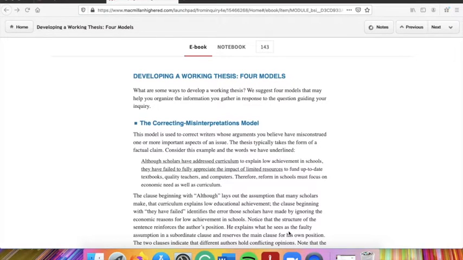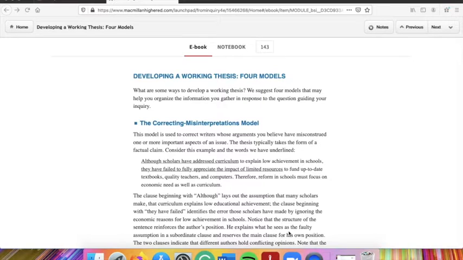So, as you can see here, what they're saying is that the previous scholars have all just looked too much at how curriculum affects student performance, and not at economic need and how schools are being impacted by limited resources. And I think this is something that we can all agree has been of note more recently, in the past few decades.